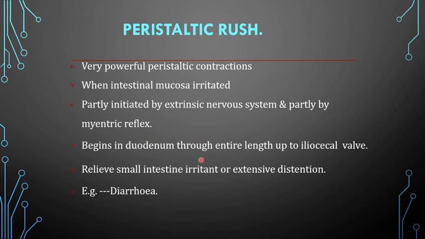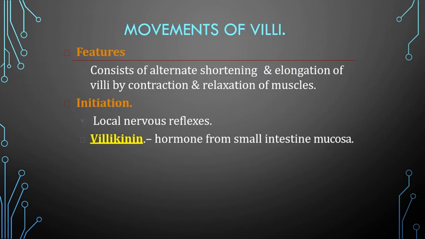It begins in the duodenum and runs through the entire length up to the ileocecal valve, and this rush relieves the small intestine of its irritant, or of the extensive distension caused by the irritant. The most common example of this peristaltic rush is none other than diarrhea.